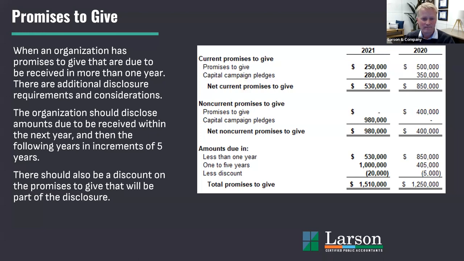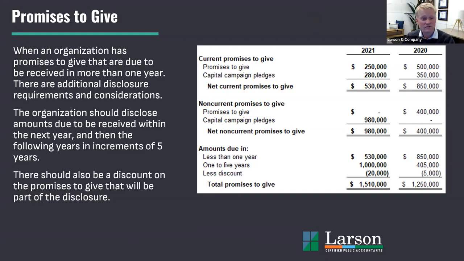For the amounts due in less than 1 year, you have a line for that. Amounts due 1 to 5 years, you have a line for that. And then amounts due 5 to 10 years. And going forward, they have it in 5-year increments that you need to disclose when you're going to be receiving those promises to give.